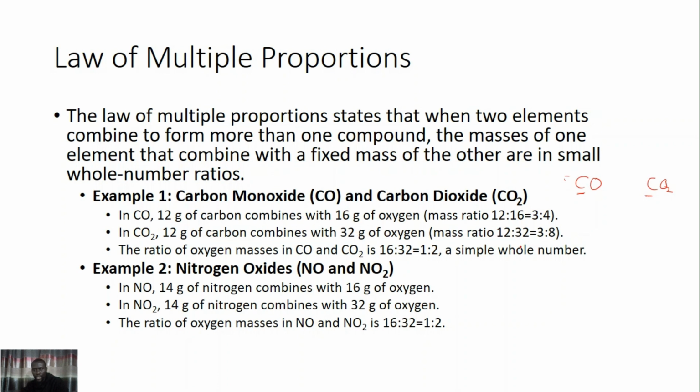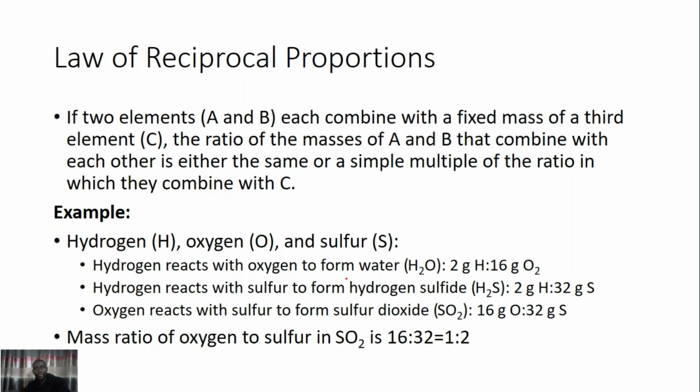The ratio of oxygen masses here is 16 to 32, which is 1 to 2, a simple whole number ratio. The same example is given in the two oxides of nitrogen.